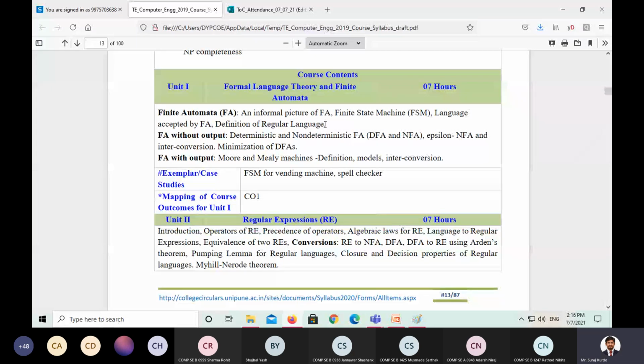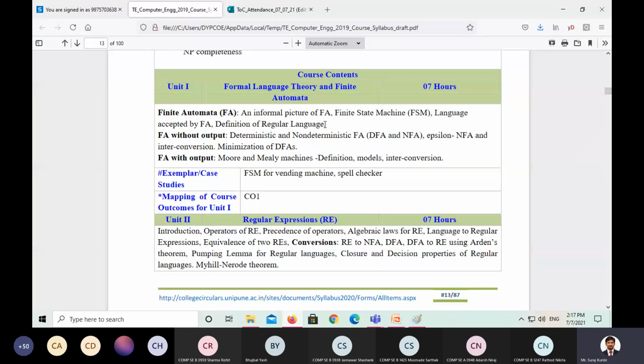And then there are two possibilities of finite automata or FSM. It can be a finite automata without output and finite automata with output. Either we can have an output for the given string as an input, or we can construct a finite state machine without any output, but with the state of acceptance or rejection for the input. So the string will be either accepted or rejected.